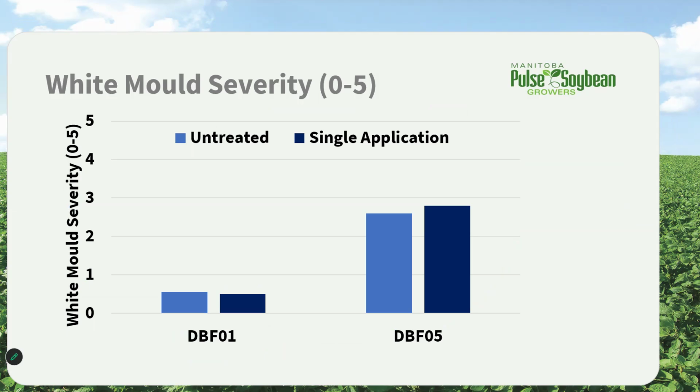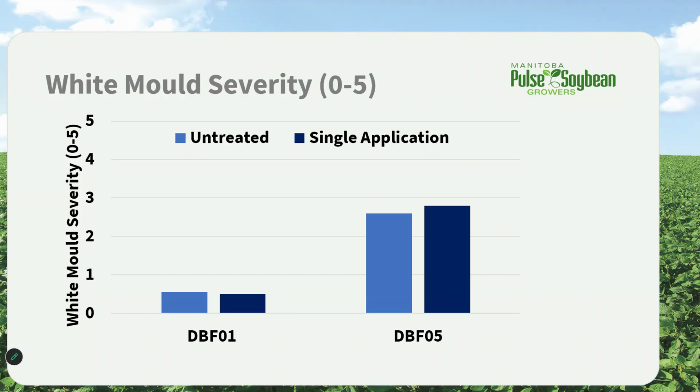And at 01, we did have quite a lot of rain in July, especially with 160% of normal rainfall in July. And at 05, we had above average rainfall as well in July, with 119% of normal rainfall.